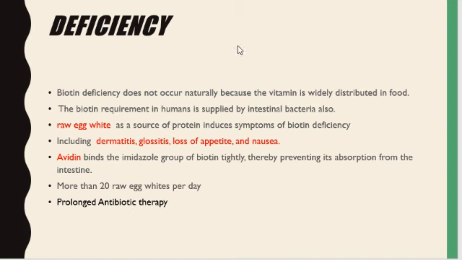The intestinal microflora also synthesize vitamin B7. Its deficiency is rare, but sometimes it is related with an excessive amount of raw egg white in the diet as a protein source, or prolonged antibiotic therapy also causes deficiency of vitamin B7. It was all about biotin, or vitamin B7.